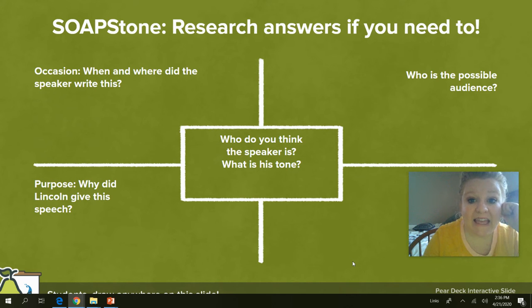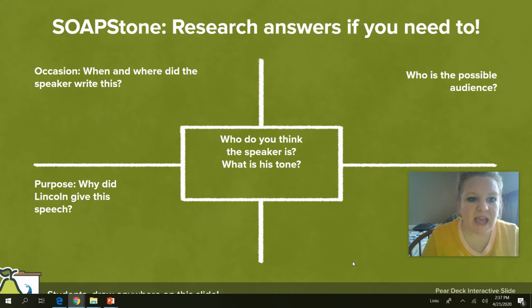So you can look up some things if you don't know who is speaking this, if you don't know who that man was. The middle says, who do you think the speaker is? And what is his tone? So imagine after you do the others, you think about where he was speaking, what his purpose was, then you can think about how did he probably sound when he was giving the speech.